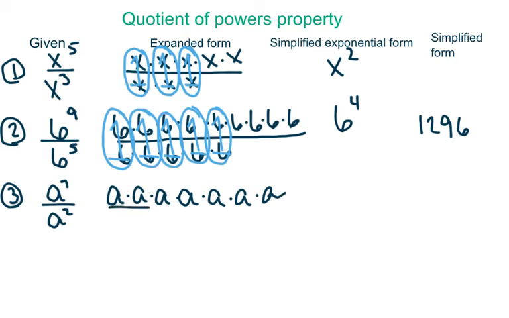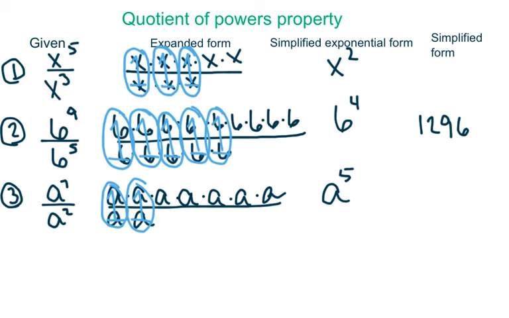So we have a times itself 7 times on the top. We have a times itself on the bottom. A divided by a is 1. A divided by a is 1. So we have 1 times 1 times a times a times a times a times a. And that is a to the fifth power.